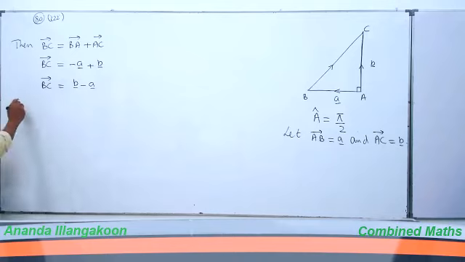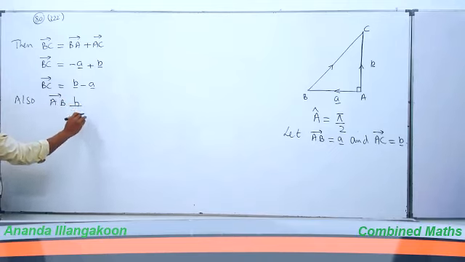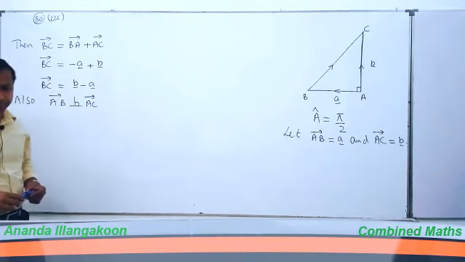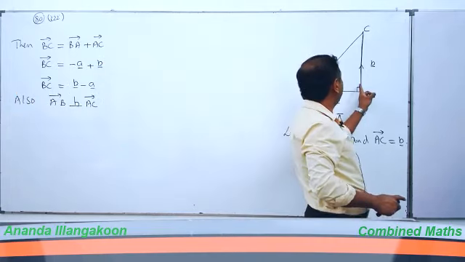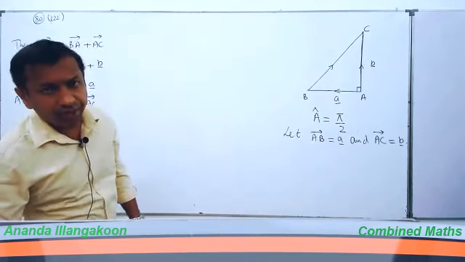Now you also know the AB vector is perpendicular to the AC vector. That's a well obvious fact. Here, this is the AB vector, this is the AC vector. The angle between them is 90.